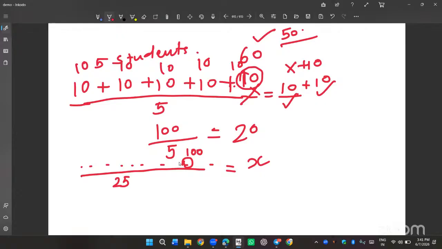Okay, what will happen? Instead of 0, now 100 is added. Now 100 will be distributed to all the 25 students as 4, 4, 4, 4. All the 25 students will get 4 more marks. So the average will increase by 4. That is the question.